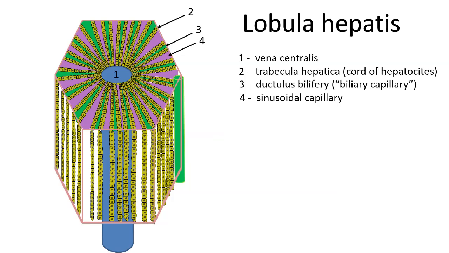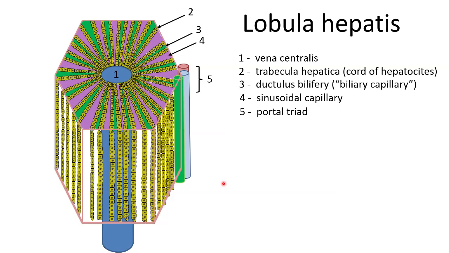So in each of the 6 angles of this small prism, we can find 3 vessels. Because they are 3, we use this term portal triad.